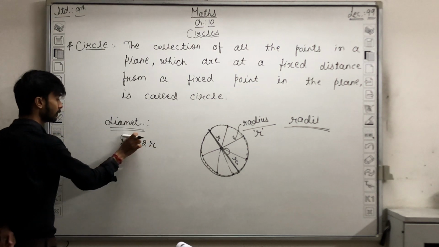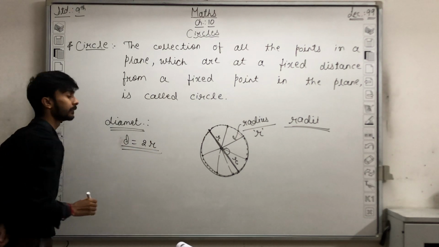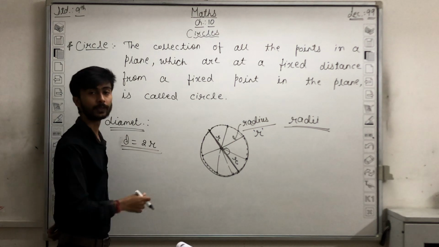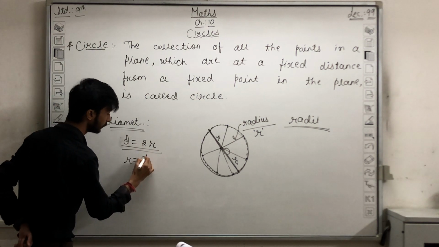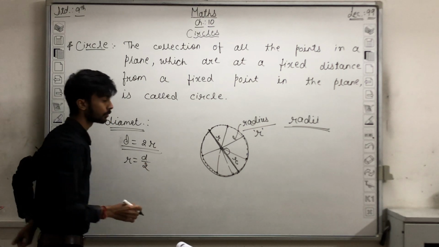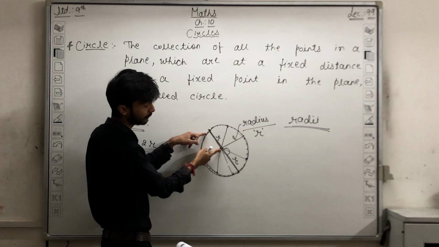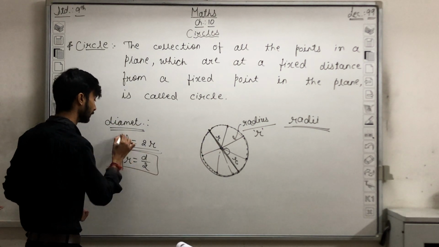We can write small d also: diameter is twice the radius, otherwise radius equals diameter by 2. So if we have this diameter, half of it is the radius. So these are the 2 formulas.